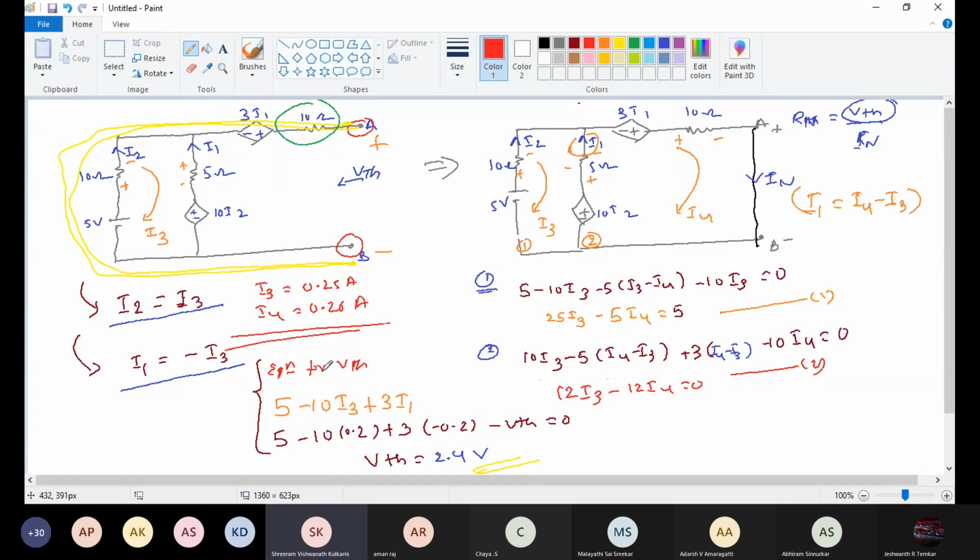We know IN is equal to I4. I got 0.25 as my IN. Now calculate the RN.